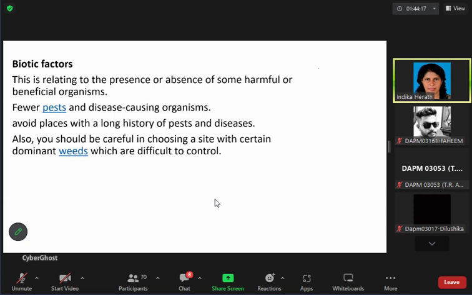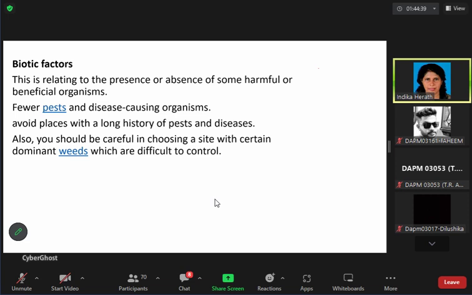And the biotic factors, the factors that are related to biological origin, right? So this is related to the presence or absence of harmful or beneficial organisms, and pest and disease conditions. If there is any pest and disease condition, we need to avoid that.